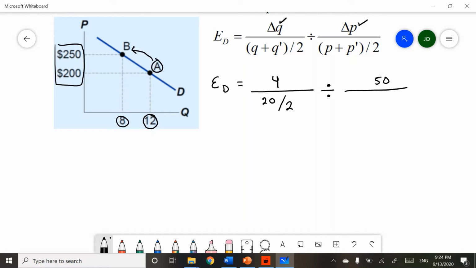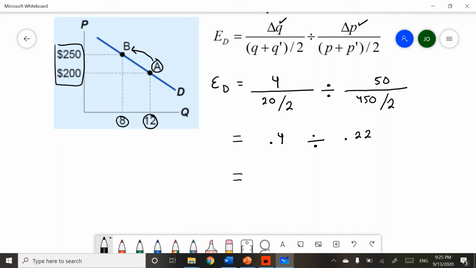This will give me a 50 divided by 200 plus 250 is 450 divided by 2. If I turn my answers into decimals, this is what I get.